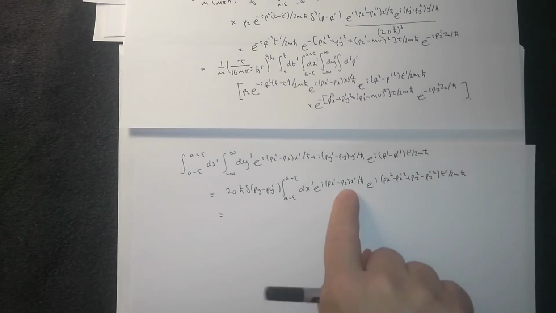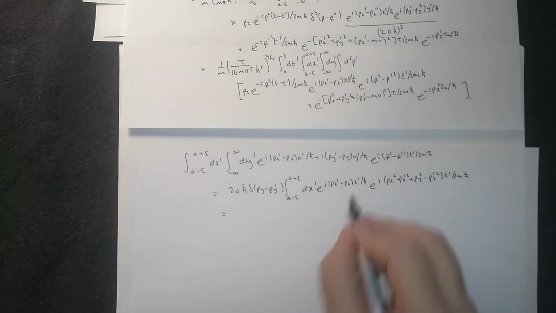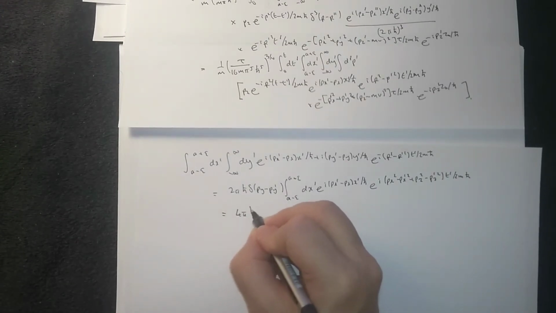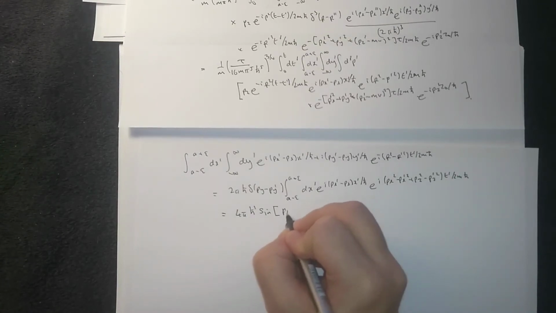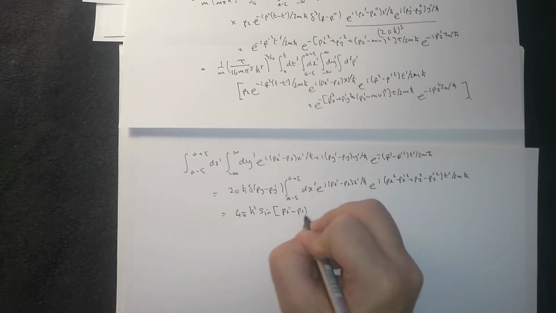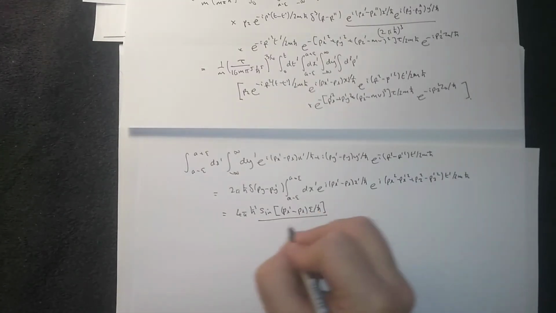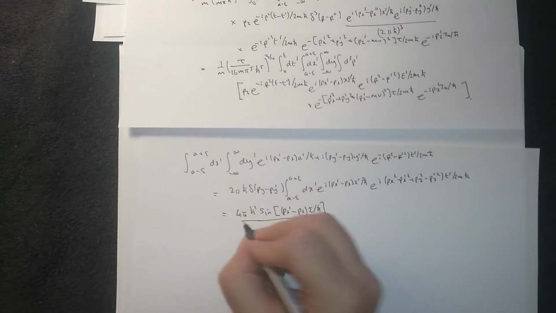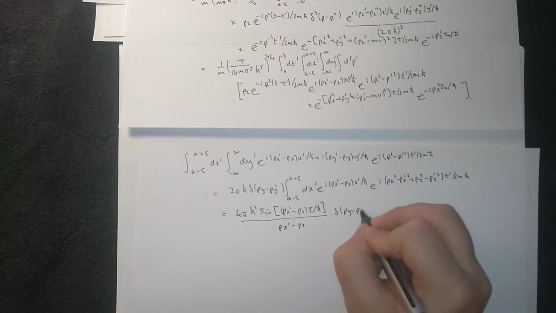Now I can do this integral in x, so that's going to give me 4 pi h bar squared sine of ((px prime minus px) epsilon over h bar) divided by (px prime minus px) times this delta function that we had for py and py prime.